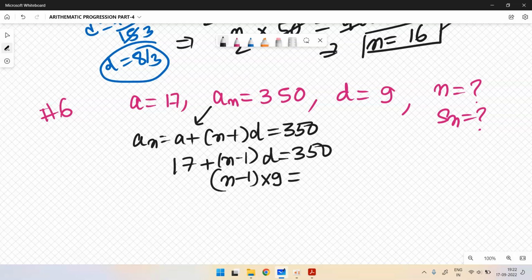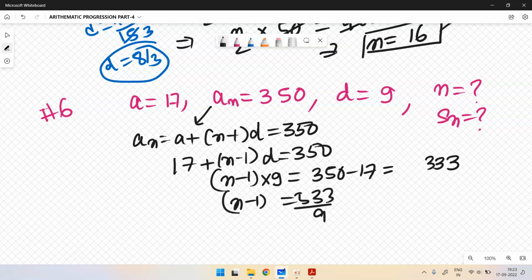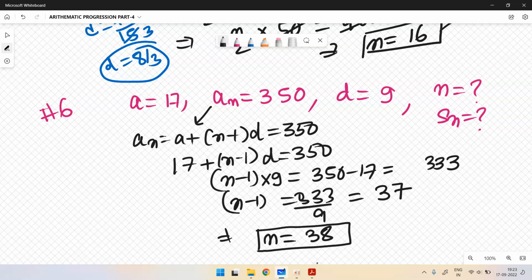If you subtract 350 minus 17, that is 333, and n minus 1 is nothing but 333 by 9, which is 37. This implies that n equals 38. The n value we have calculated.